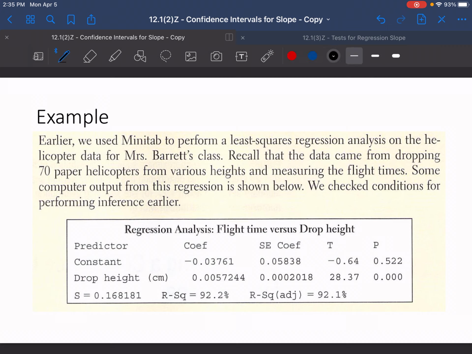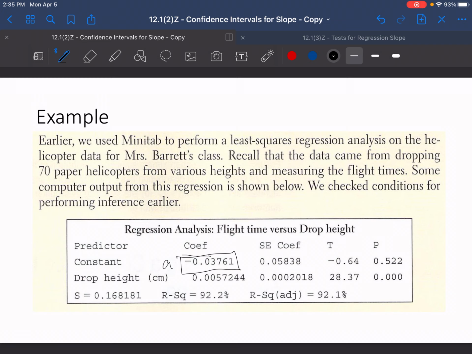Now, there are a couple main values when we're looking at this that you really need to keep an eye on. Most of them are under this coefficient area right here. This value right here represents A. That constant value represents essentially your y-intercept.